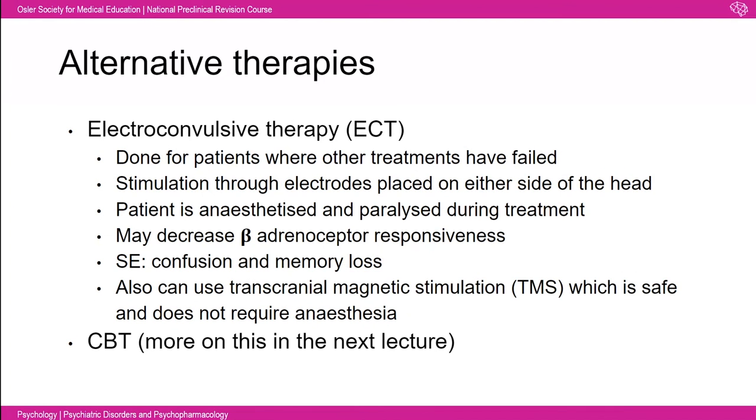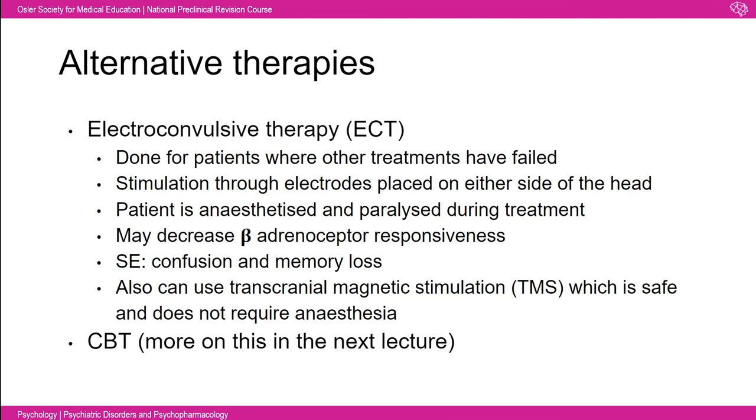Then in terms of alternative therapies, we've got ECT, which is electroconvulsive therapy, which is done for people where other treatments have failed. ECT in general has a really bad rap as being really unethical, and it was abused in the past and used completely inappropriately, but now it is an effective treatment to treat major depression where nothing else has worked, but it's much more humane than it used to be. So the patient is anaesthetized and paralyzed during the treatment, so you don't get any of those convulsions during it.